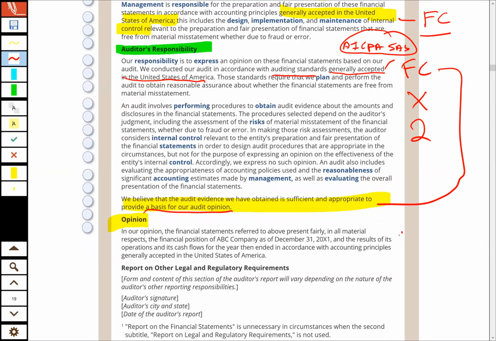In our opinion, the financial statements referred to above in the intro paragraph are going to reflect the financial position, the balance sheet, the results of operations, the income statement, the cash flows for the year then ended, in accordance with, and again, they call out the generally accepted accounting principles in the United States of America, that's US GAAP, okay?